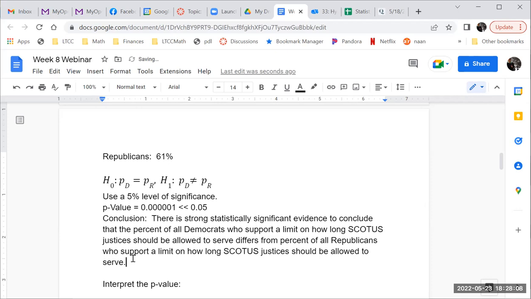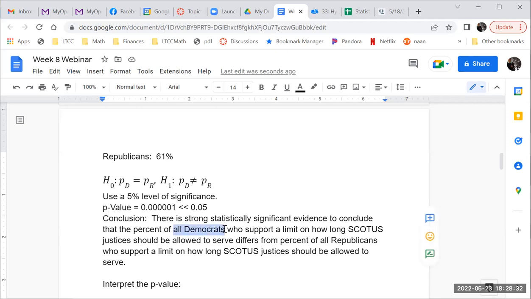Any questions at all on the main piece of the hypothesis test, and that is writing down H0 and H1, finding the p-value and stating the conclusion? When you write this out, do you have to define what PD and PR in the hypotheses mean? I did right here.